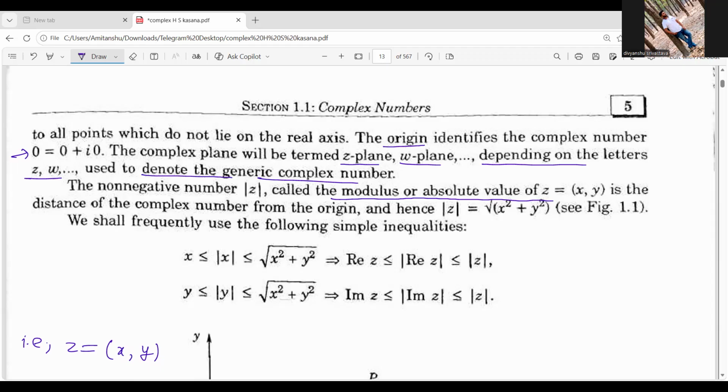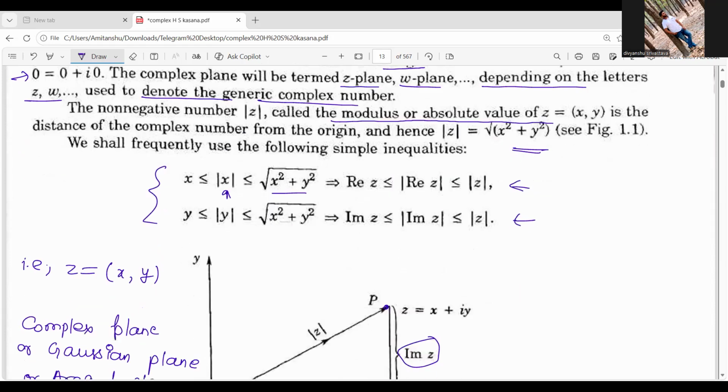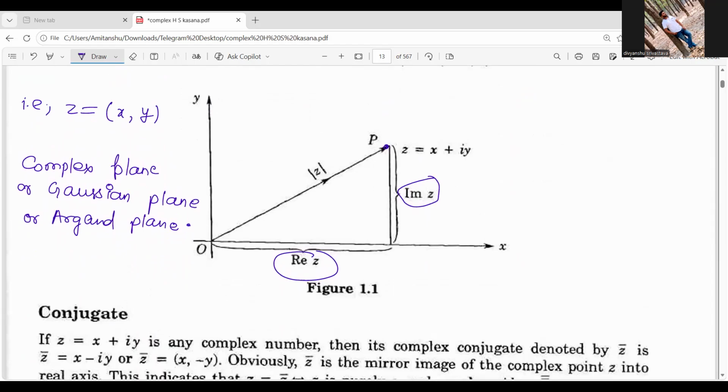So, we frequently use the following simple inequalities. The modulus will be represented like this. These are the real parts, real z is less than or equal to modulus z. Here is the modulus for imaginary parts, and here is your Argand diagram.